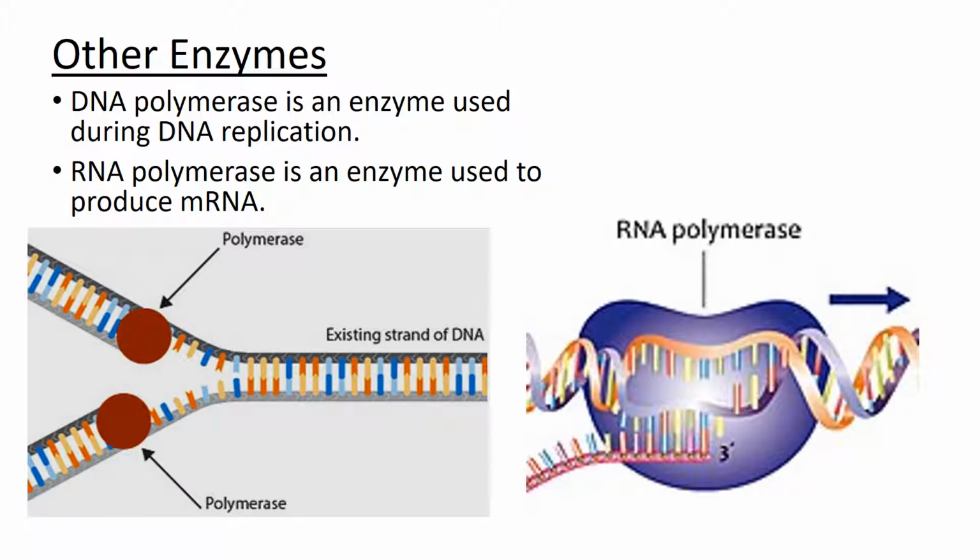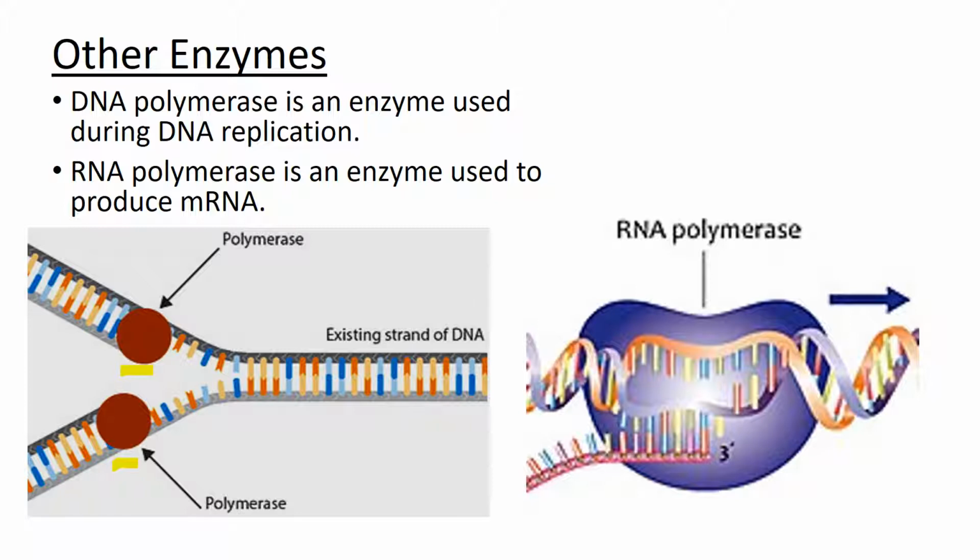Two other enzymes that we'll be hearing plenty more about are DNA polymerase and RNA polymerase. DNA polymerase is an enzyme used during DNA replication, and DNA polymerase is represented here in this image as these brown circles.